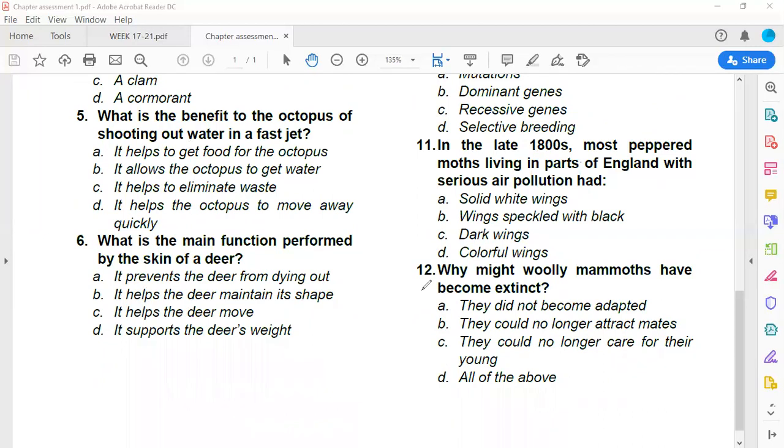It prevents the deer from drying out. Letter B, it helps the deer maintain its shape. Letter C, it helps the deer move. And letter D, it supports the deer's weight. It is letter A, it prevents the deer from drying out. I'm sorry.